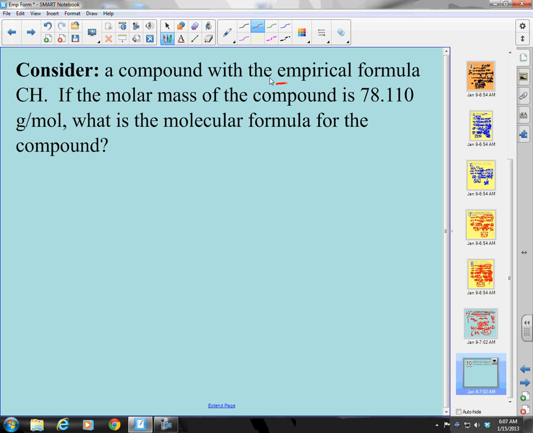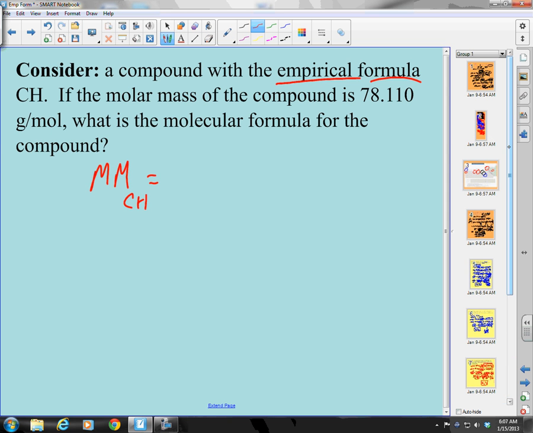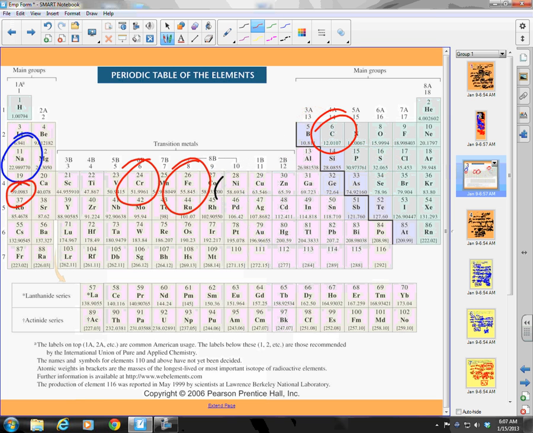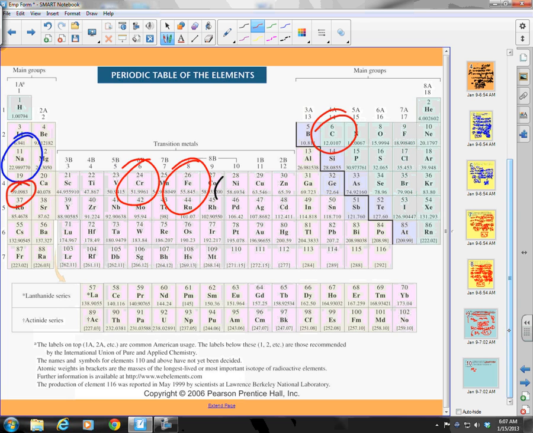Compound has an empirical formula. It is CH, so I want to know the molar mass for my CH. Carbon: I think it's 12.01, but let's look it up here. 12.01, good. Molar mass of carbon is 12.01.